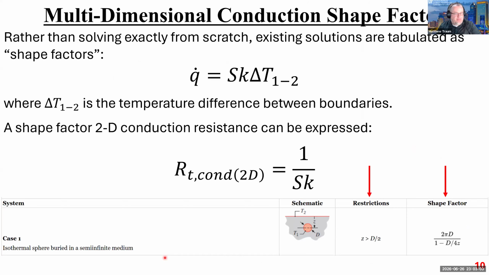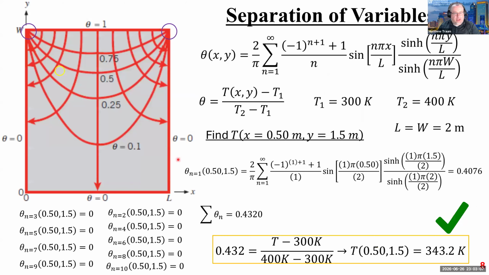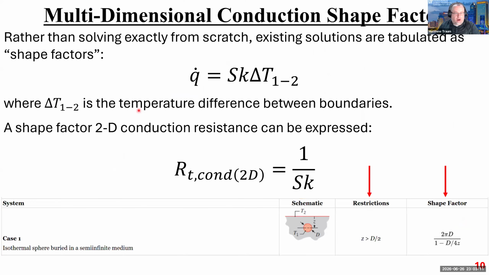So what in the heck is a shape factor? Well, we talked about the temperature profile on a flat plate. It turns out that there are other geometries that can be solved with exact solutions, and mathematicians are kind of nerdy and kind of bored, right? So over time they have solved a number of those different geometries, found the exact solutions, and tabulated them.